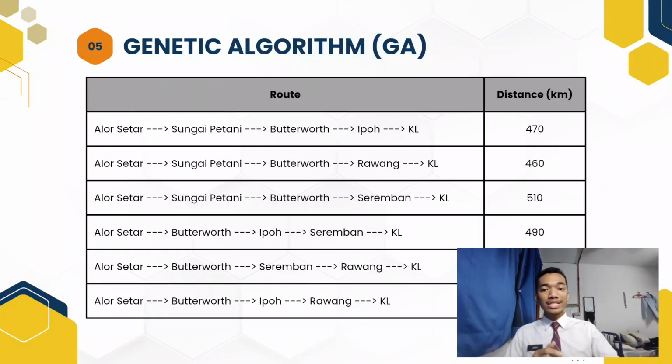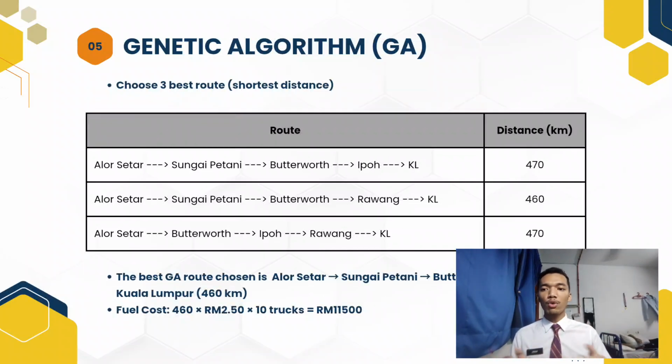Next, we select the top 3 roads, 1, 2, and 6 in our example, with distances of 470 km, 460 km, and 470 km respectively. The next step is crossover, where segments from these selected roads are combined.